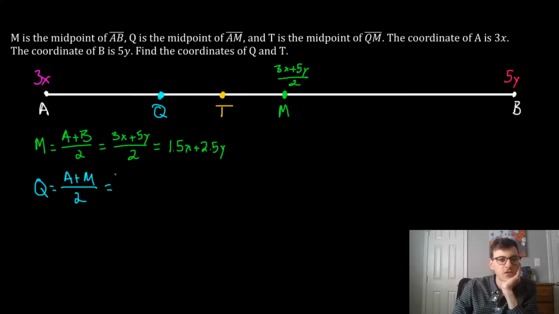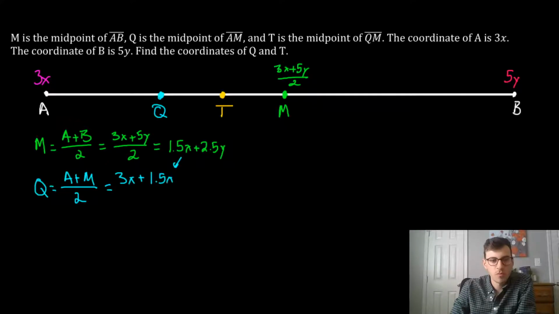Okay, so that's 3x plus, and so now you maybe see why I did what I did and went ahead and divided there. So let's use this part right here: 3x plus 1.5x plus 2.5y, all divided by 2. That's going to give me Q.